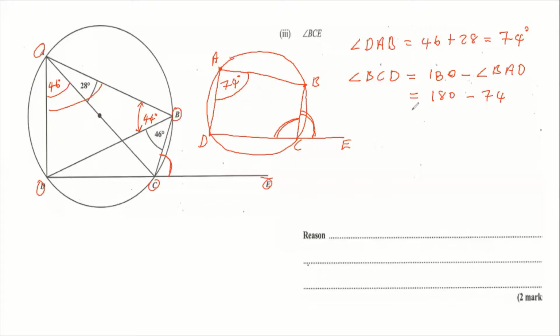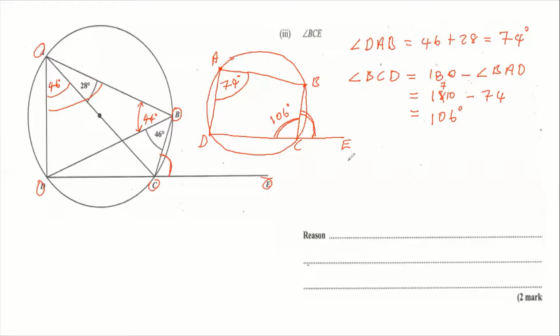And what's 180 minus 74? We take 1 from the 8, that leaves us with 7. And we put it here, so 10 minus 4 will give us 6. 7 minus 7 will give us 0. And 1 minus nothing will give us 1. So that's 106 degrees. So we are saying that this angle here is 106 degrees.